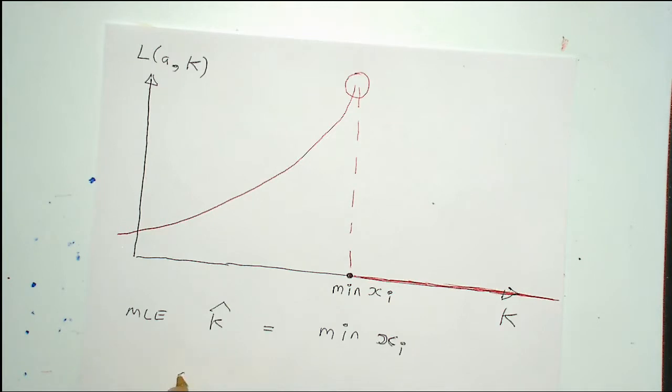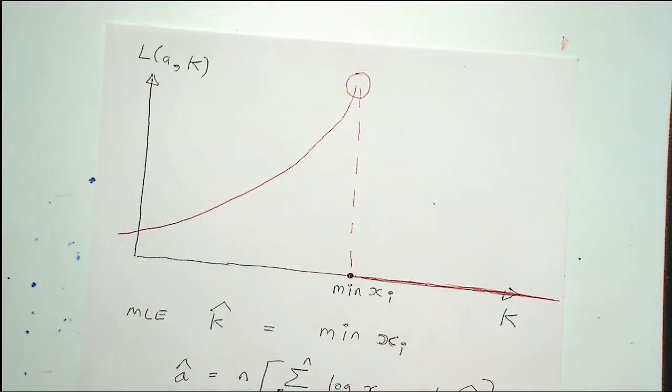The MLE for a is, let me just copy this down. So this is the MLE for k, and this is the MLE for a. Any questions on this example, guys? Is that clear or no?